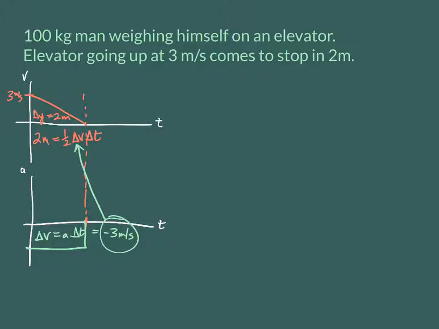So that's going to lead me to two things in this problem. It's going to lead me to the time that it took to decelerate, which means I could go back to the bottom equation and obtain the acceleration value. So I'll use the fact that the change in speed is negative 3 to get the time. Then I can use that time to get acceleration.